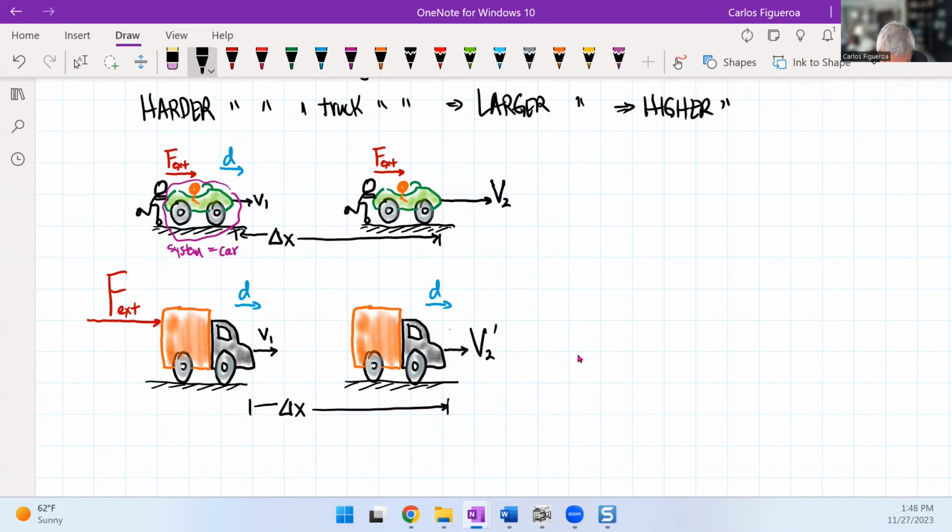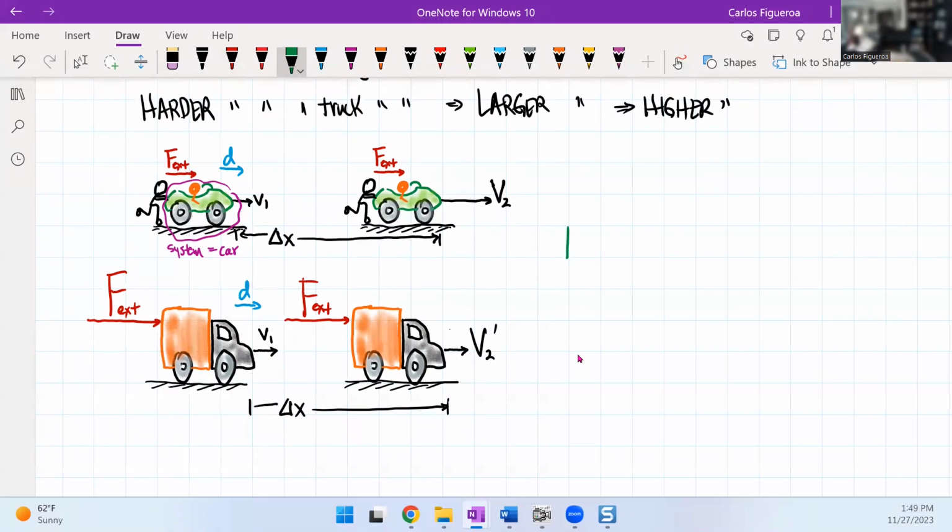Then picture-wise, what do I actually see here? Again, I want to make sure that you're still seeing that there's still an external force applying on this big truck as it moves here. So now, what do I see here? From a bar diagram standpoint, each car has the same speed, we got to be careful here.